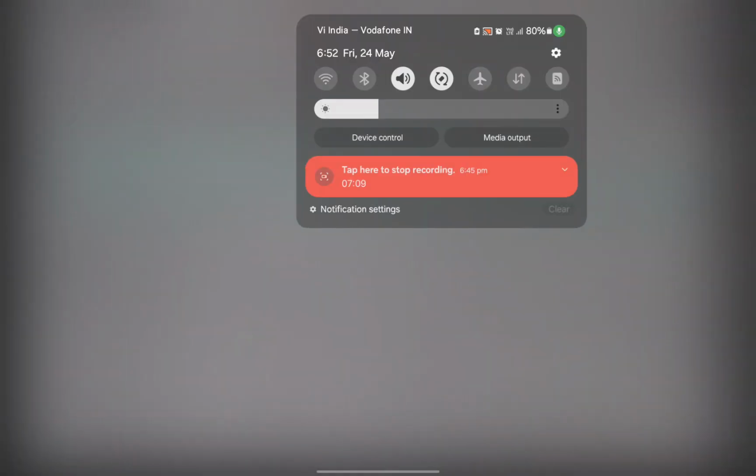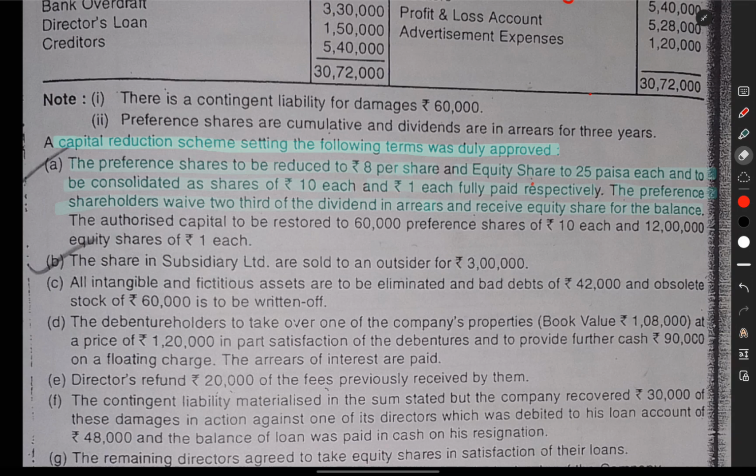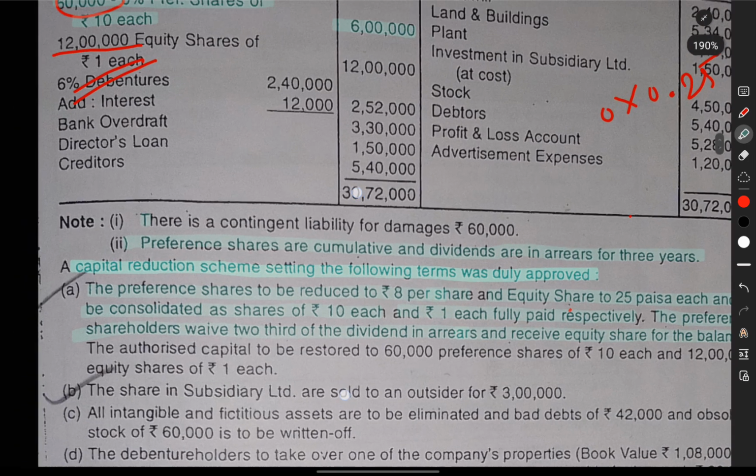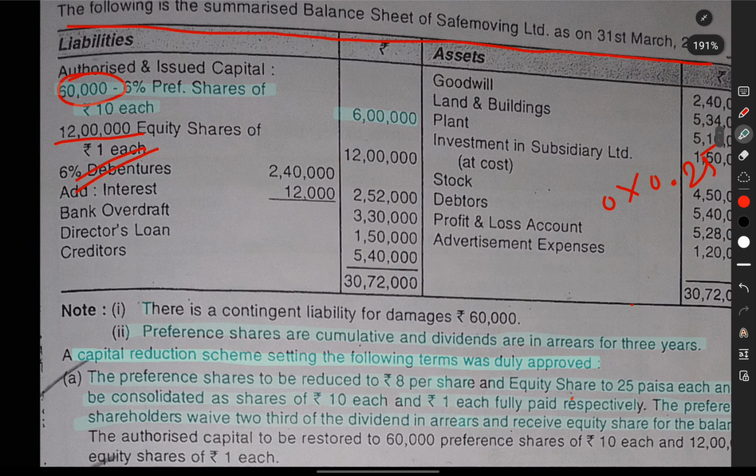The arrears of preference shares: cumulative and dividends are in arrears for 3 years. So our preference shares are 60,000 preference shares and the amount is 6 lakhs.